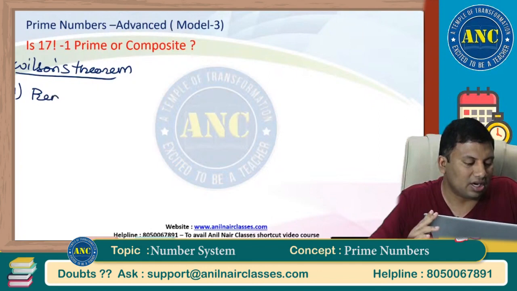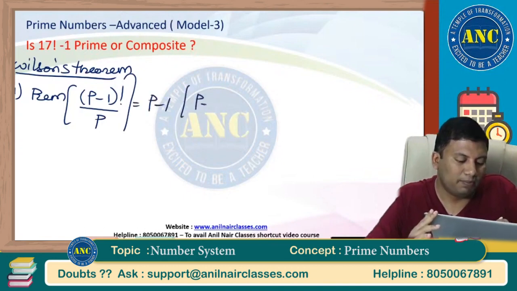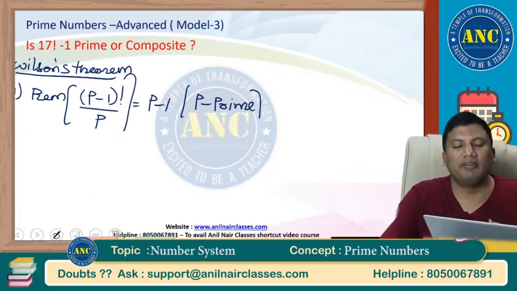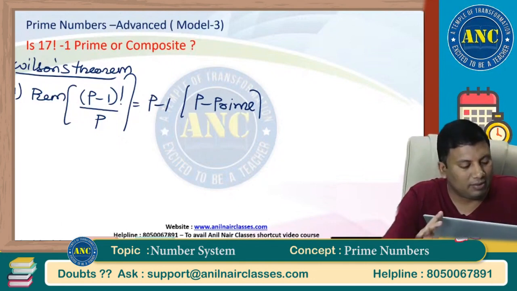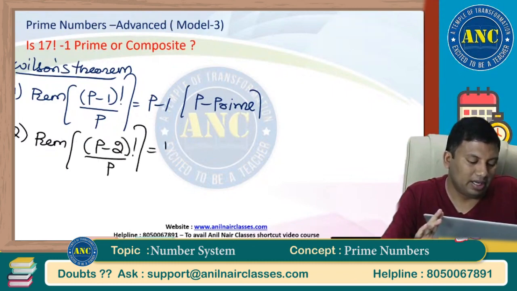First, the remainder when p minus 1 factorial is divided by p is p minus 1, when p is a prime number. Next, the remainder when p minus 2 factorial is divided by p is 1, when p is a prime number.